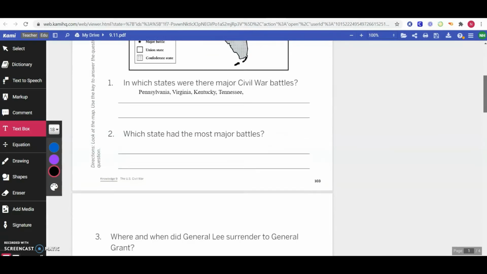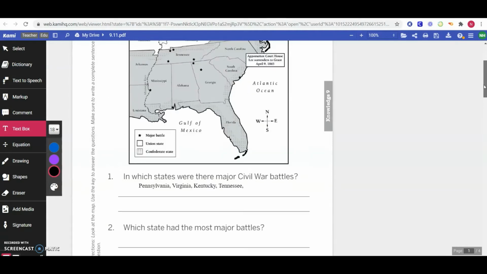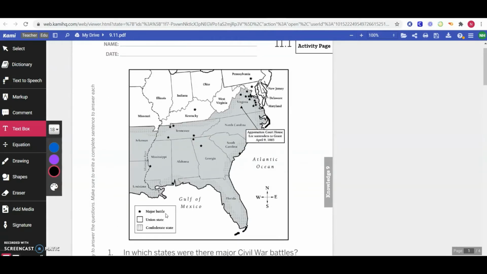Let's look and see what number 2 is asking us. Number 2 says which state had the most major battles. So we're looking at major battles again. We're looking for the state that has the most stars in it. Let's see, there's only 2 in Georgia, only 1 in Mississippi. We've got 4 in Tennessee, more than we've seen so far. 1 in Kentucky.